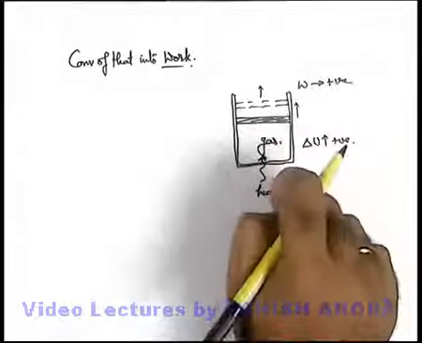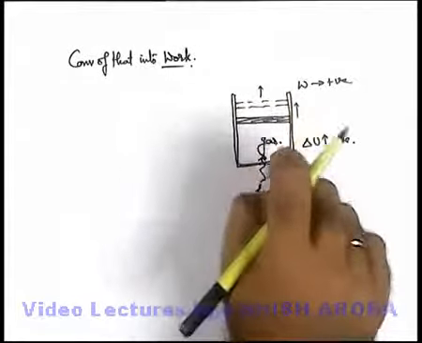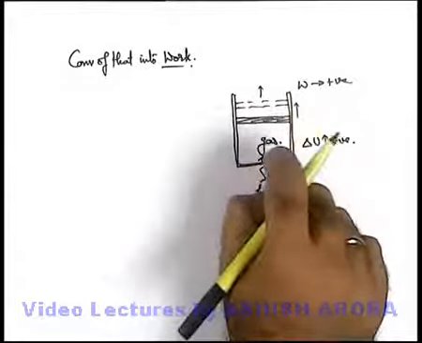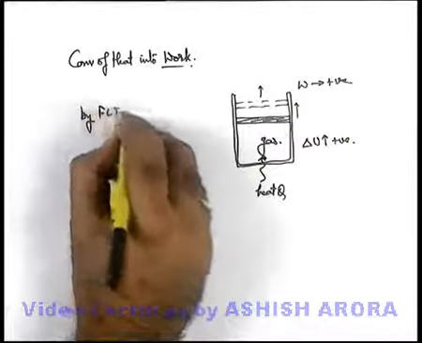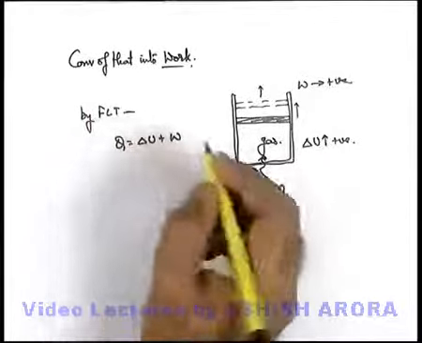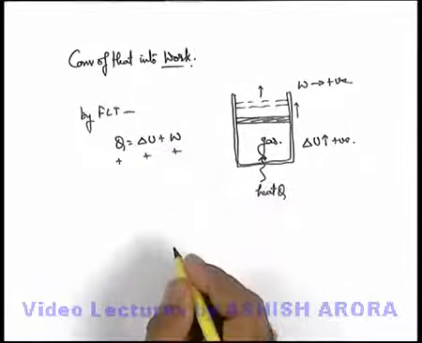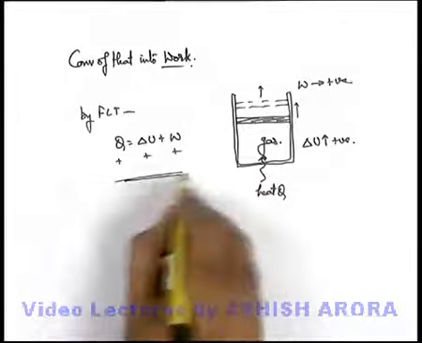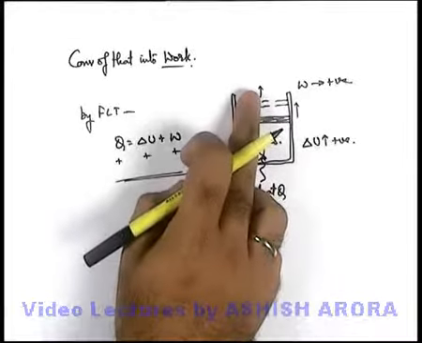A part of the heat supplied is used in doing work on external system by the gas. So here by first law of thermodynamics, Q equals delta U plus W. Here Q is positive, delta U is positive, and W is also positive. So by using a normal gaseous system, a part of heat can be transformed to work.